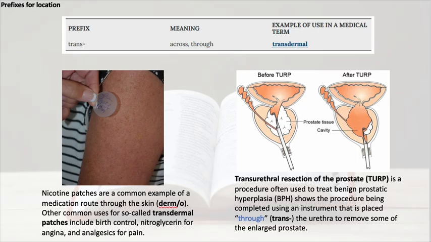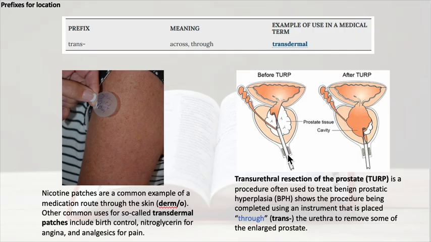We know from our cancer unit, hyperplasia refers to an increase in the number of cells in a tissue or organ. So an increase in the number of cells in the prostate causes the prostate to enlarge. And when it enlarges, it essentially reduces the space here for urine to leave from the bladder out the urethra.